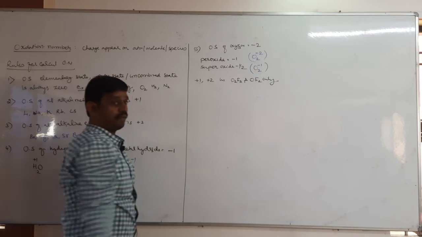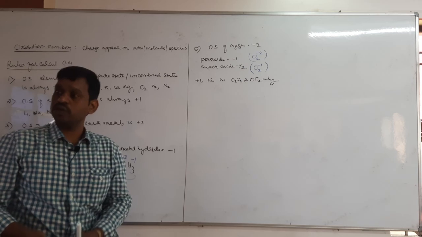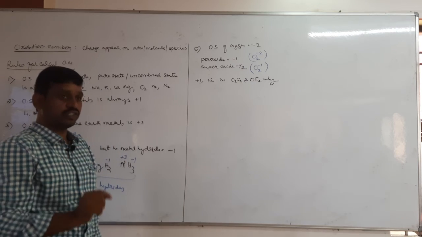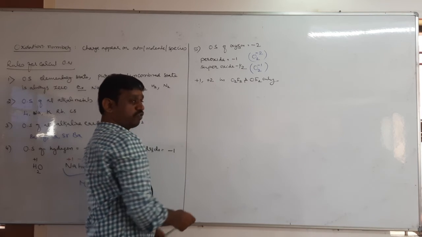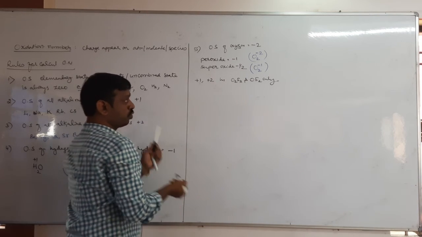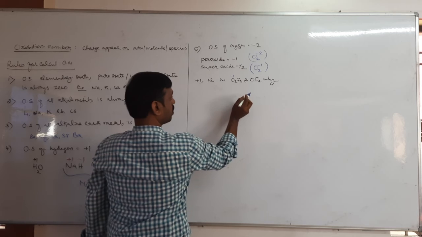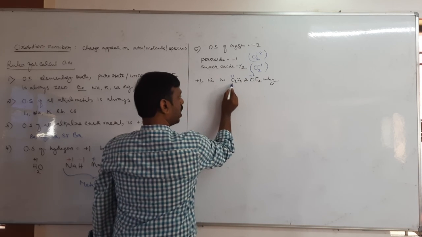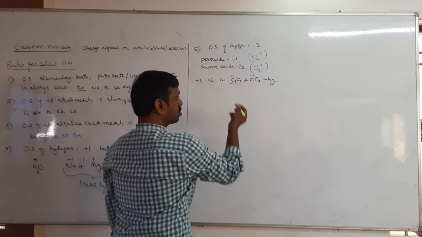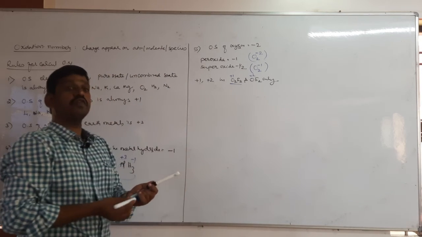I mention only these. So oxygen can also carry +1 and +2 charge. In O2F2, oxygen has +1. In OF2 it is +2. Tell me why oxygen is positive and why fluorine is minus there?